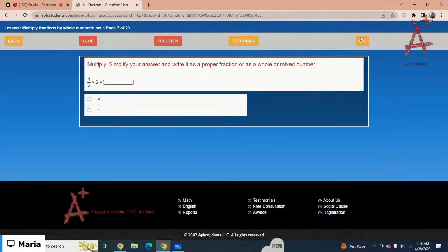Okay, 1 by 2 times 2. So which is the correct option? Yes, you can cancel out 2 times 2 and you're left with just 1. So the correct option is 1.